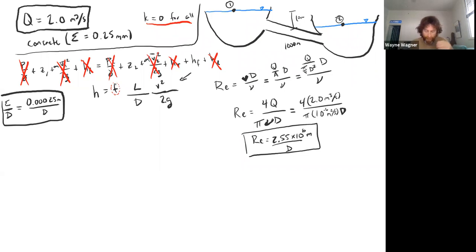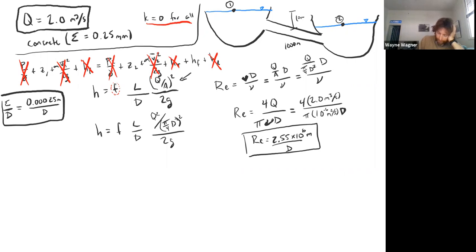Okay, and then, so let's see. Instead of V squared, I want everything in terms of D. So I'm going to get rid of that V squared and do Q over A squared. I really hate doing it this way because the algebraic error possibilities here are endless, at least for me. L on D. So now we've got Q squared on A squared, which is pi over 4 times D squared, squared, all over 2G.